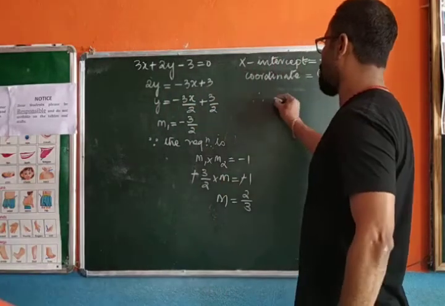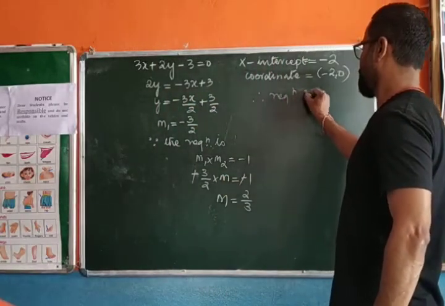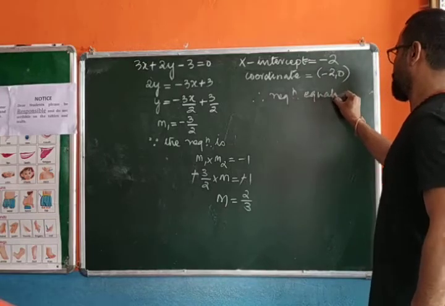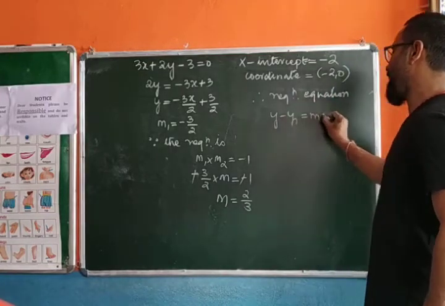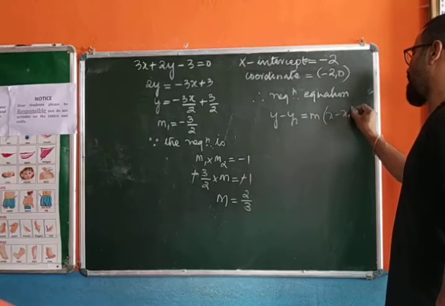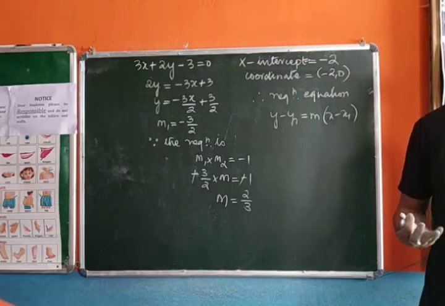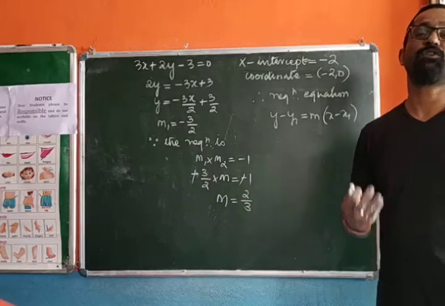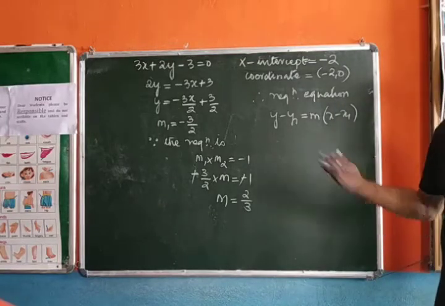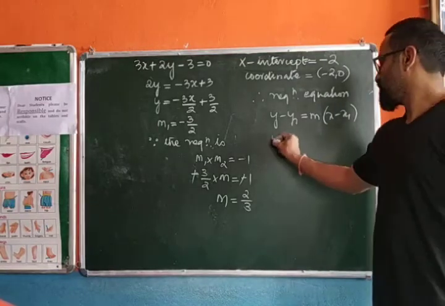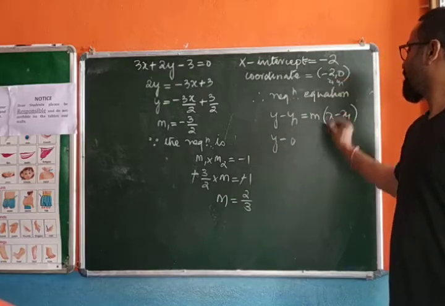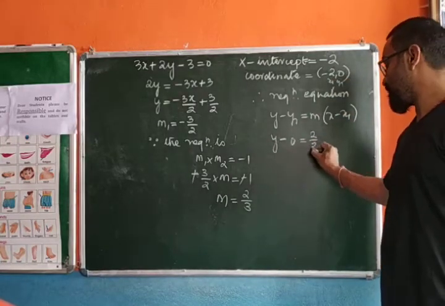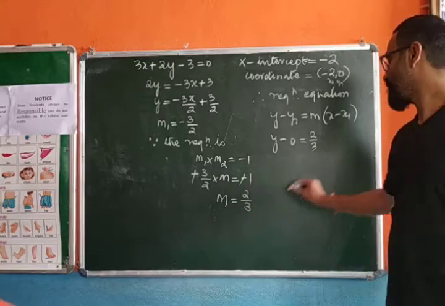Therefore, required equation: y minus y1 is equal to m bracket x minus x1. You can't use y equals mx plus c, because c is the y-intercept. You don't have the y-intercept, you have the x-intercept. So y minus y1 is y minus 0. Slope is 2 by 3, the required slope.